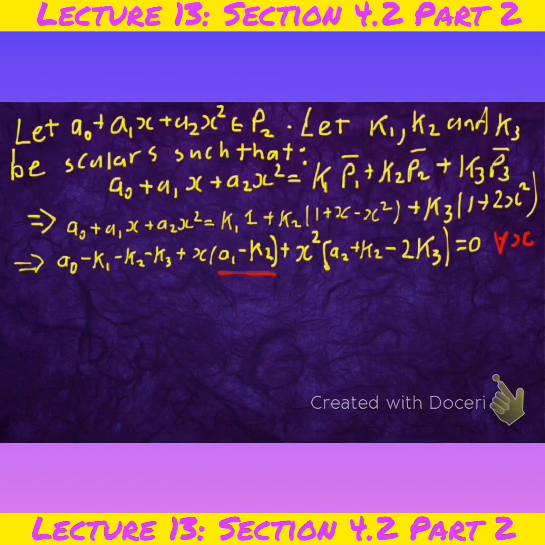If this is not 0, then we've got a polynomial of degree 1 equal to 0 for all values of x. If I plug in any value of x, I'm going to get a root. A polynomial of degree 1 can have at most 1 root. It cannot have infinitely many roots. So this thing here needs to be 0.